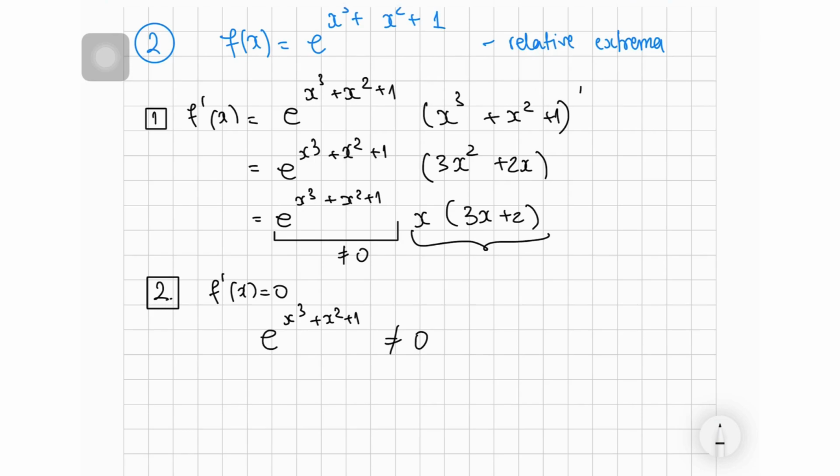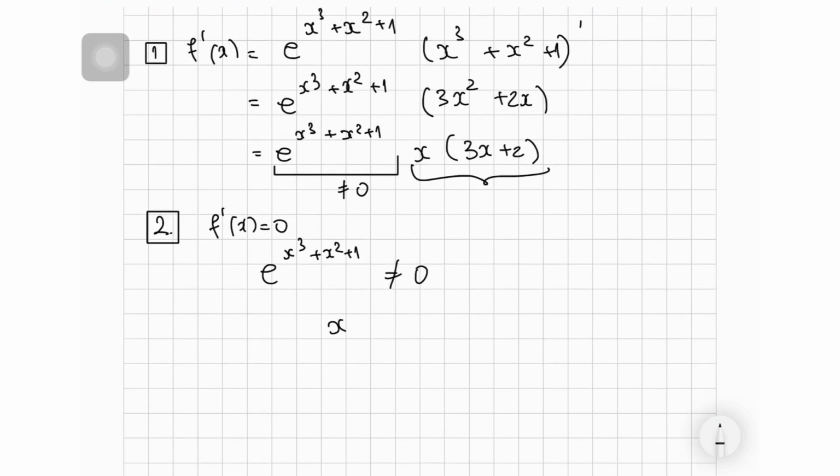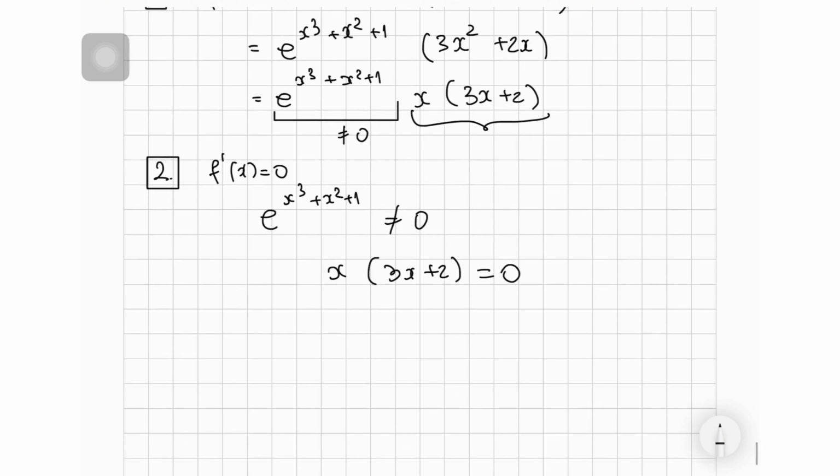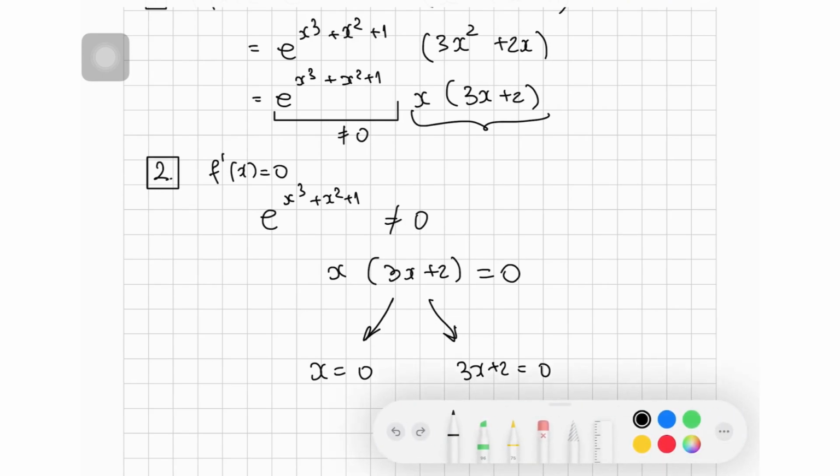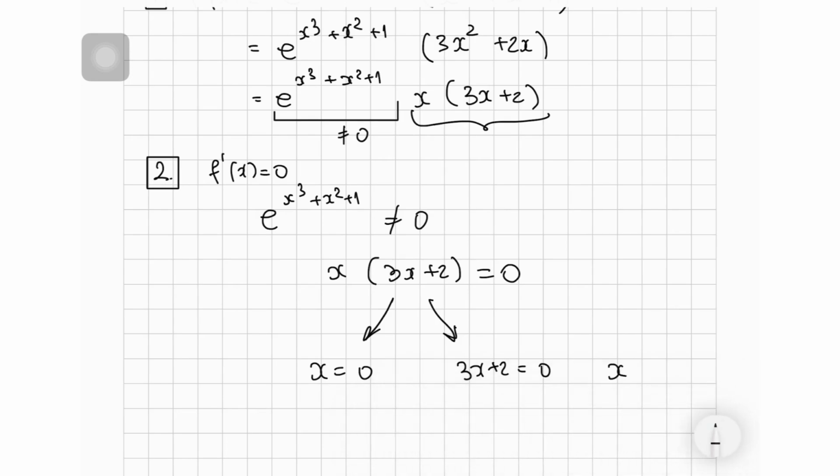Therefore, we must solve x times (3x plus 2) equals 0. This gives us two solutions: x equals 0 and 3x plus 2 equals 0, so x equals negative 2 over 3.